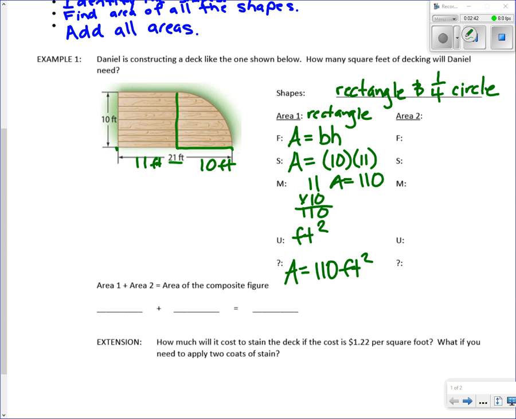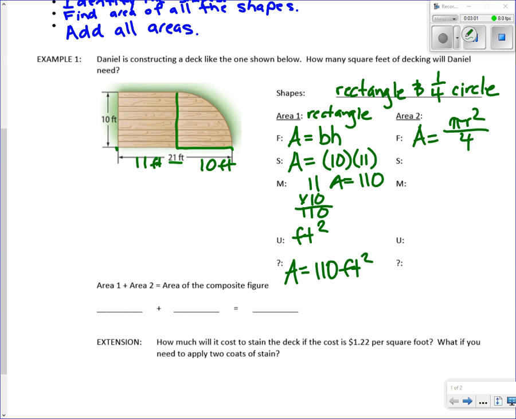All right, so now I'm going to do my circle, and my formula for my circle is pi r squared divided by 4, or you can multiply by 1/4. It doesn't matter. If you divide or multiply, you're basically doing the same thing.